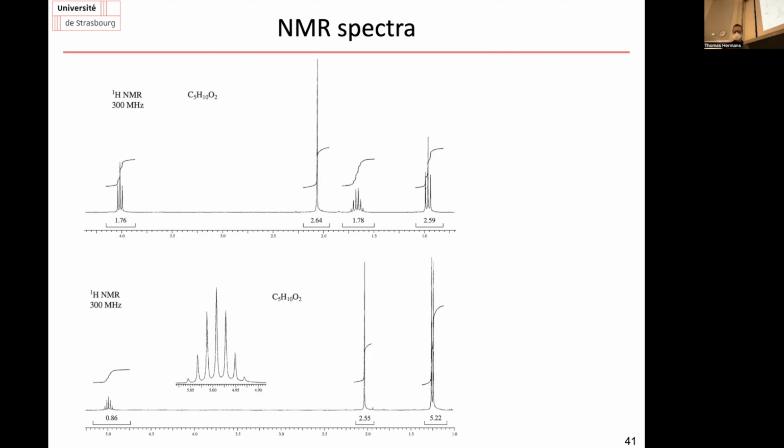Let me draw. Okay. So on this dashed line, we still have 3 carbons to give away.